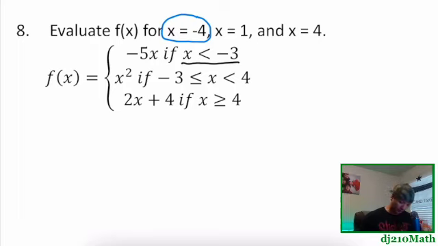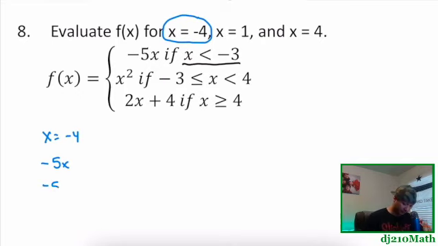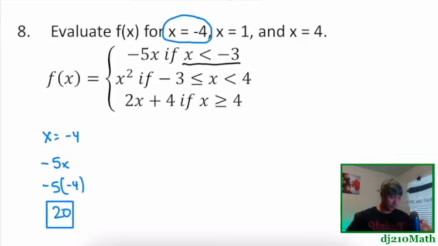For x equal to -4, we're using the top. So -5 times -4, we get +20. So when x is -4, y is 20.